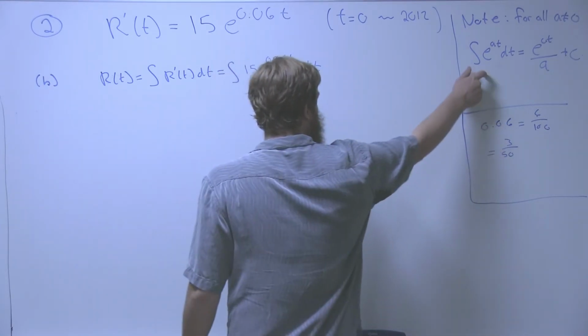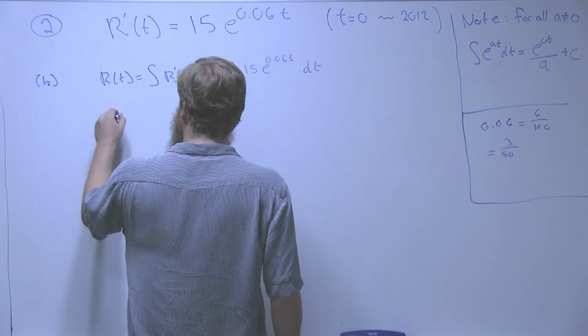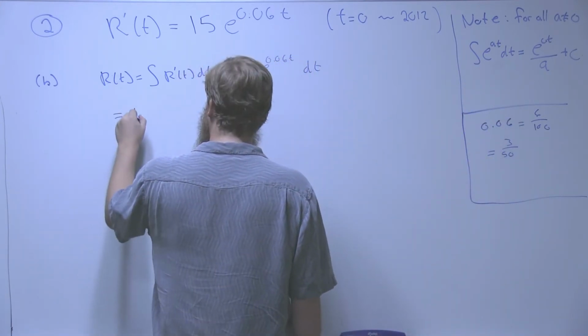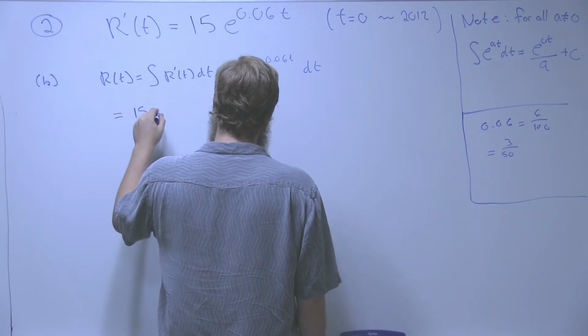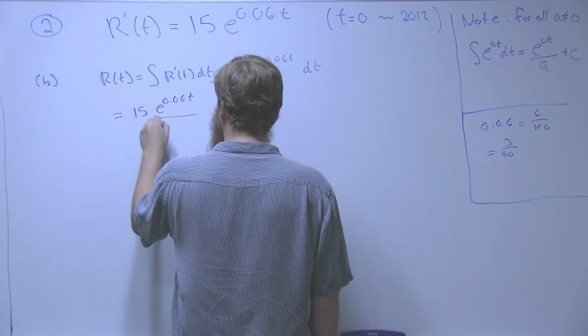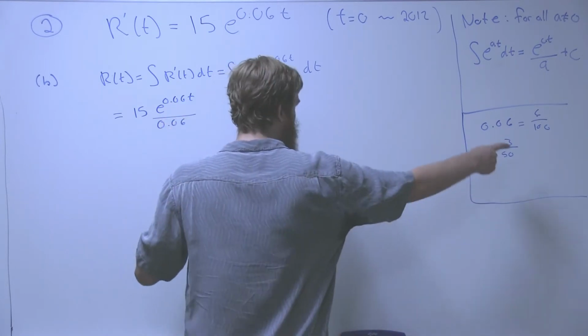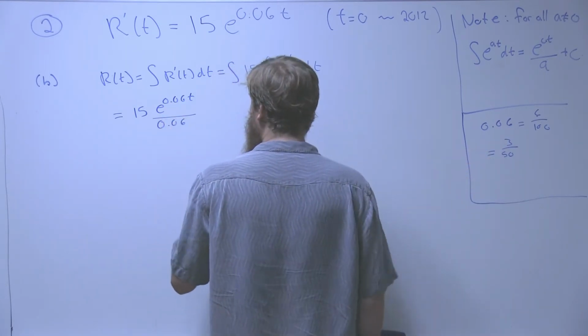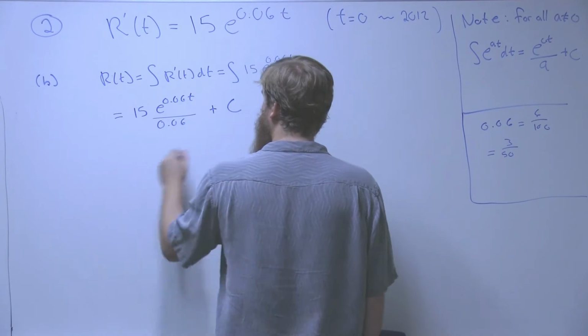Earlier, we discussed how to integrate exponentials of that form. So that's 15 times e to the 0.06 t divided by 0.06, plus c.